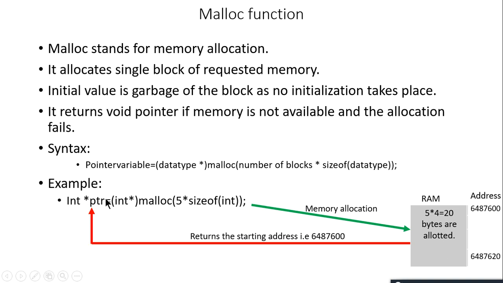So your ptr variable will hold the starting address of this block. Okay, so this is the malloc function. I will write a program and implement all these functions one by one later in this video. So let's continue studying malloc and then the calloc function.